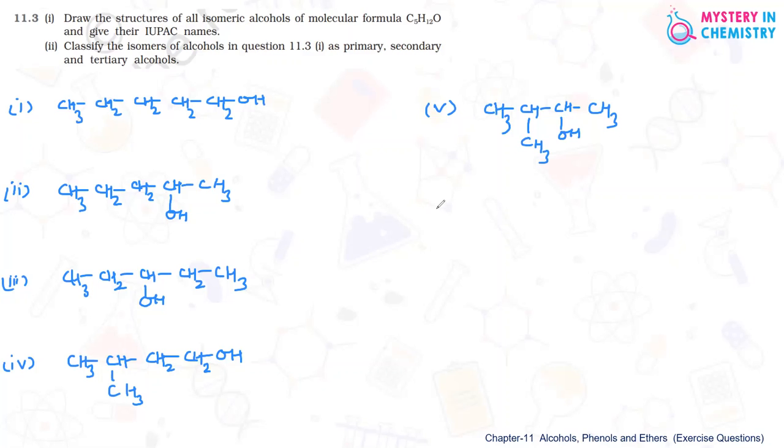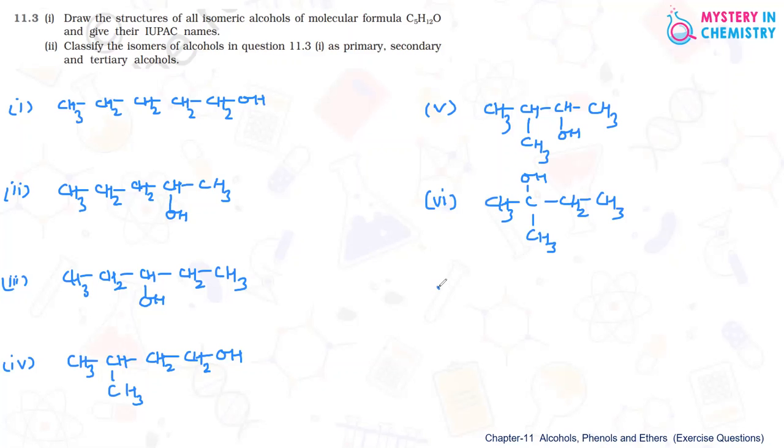This is the fifth isomer. Now come to the sixth isomer. The sixth isomer is when the carbon skeleton is the same, but OH is coming at the third carbon atom. So CH3, CH2, CH3, and CH3.